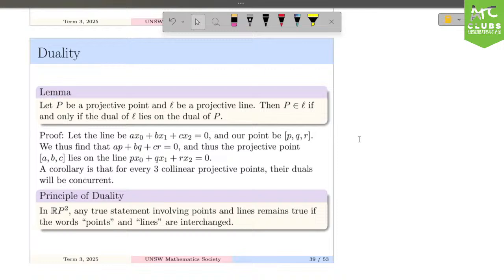A, B, C, and so this is going to, because P is on L, if we say that P is equal to Q R S, then Q x0 plus R x, sorry.